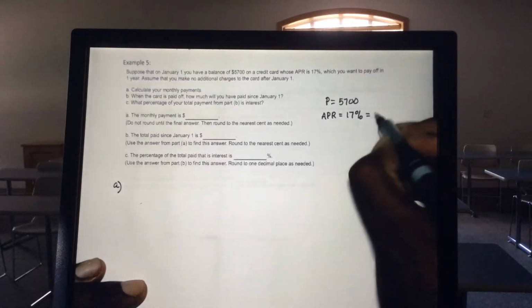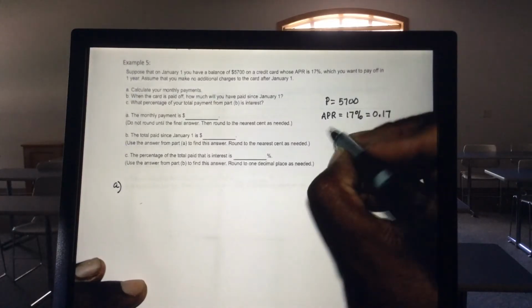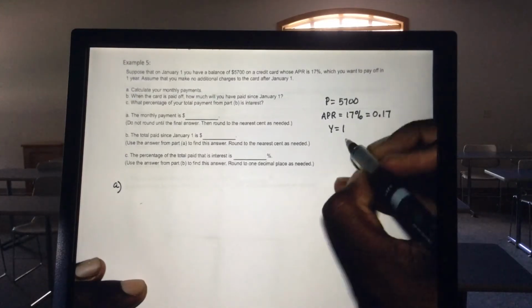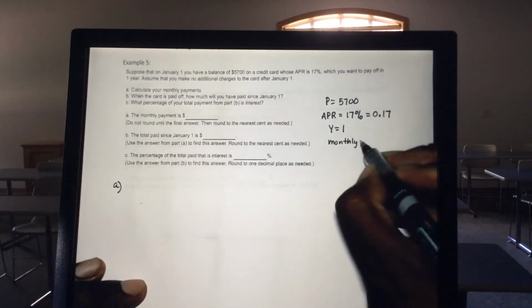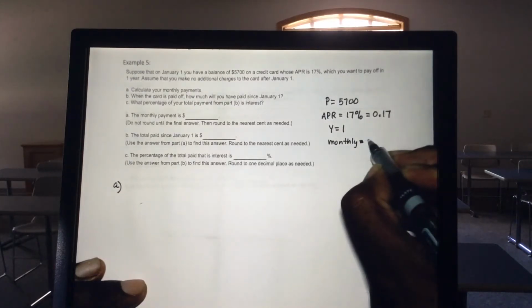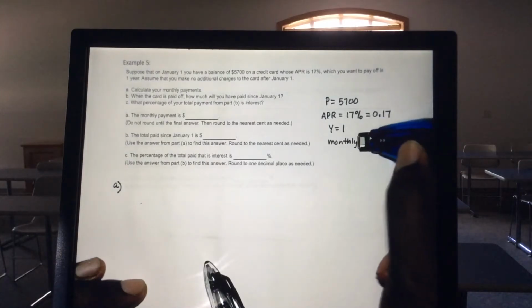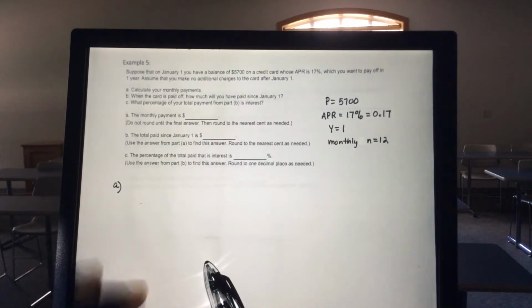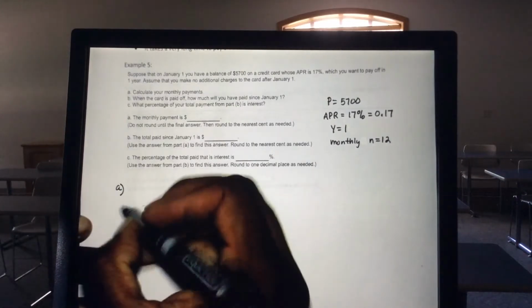17% would be 0.17 as a decimal, 17 divided by 100. And we want to pay this off in 1 year, so your Y is going to be equal to 1. And we're making monthly payments, so your N is going to be 12. Now we can still use that formula here for installment payments.